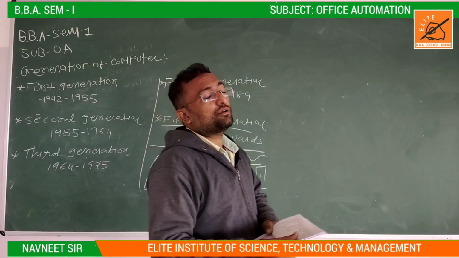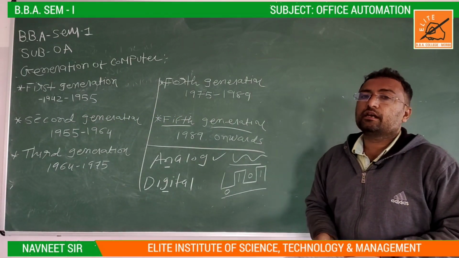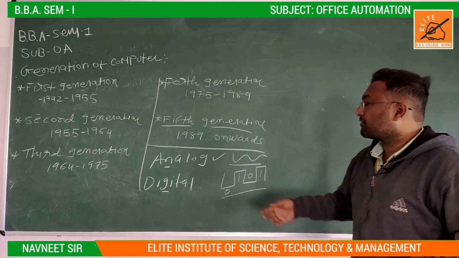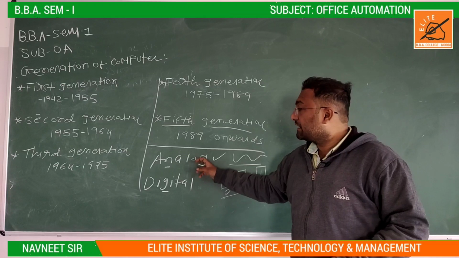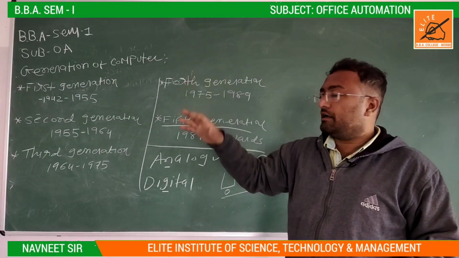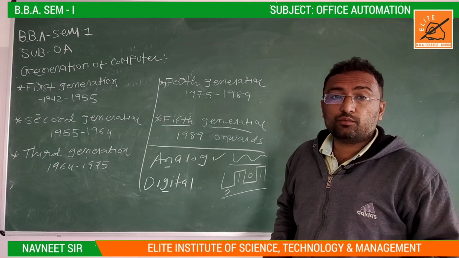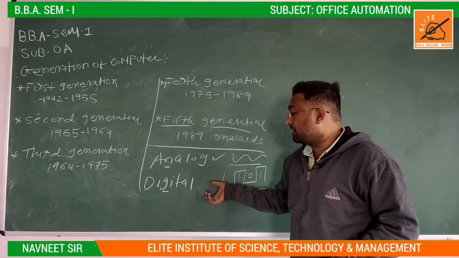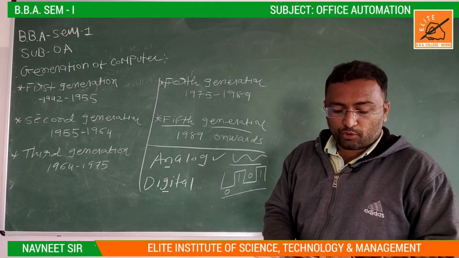What are the advantages of analog computer? It is very fast in operations. It can perform fast operations, not as compared to digital computer, but in that era it could perform fast operations. Then it is less expensive than digital computer. Then it requires less programming effort.